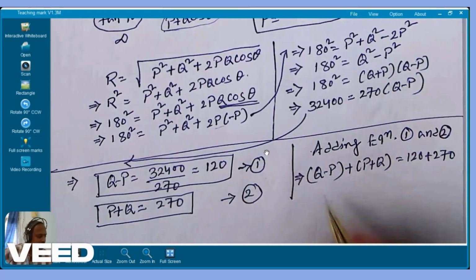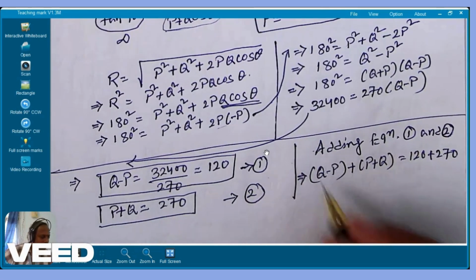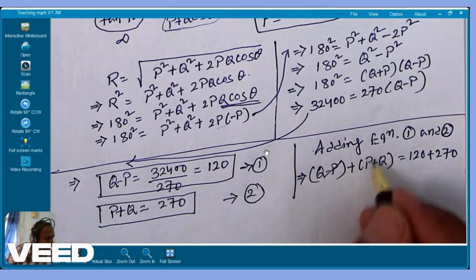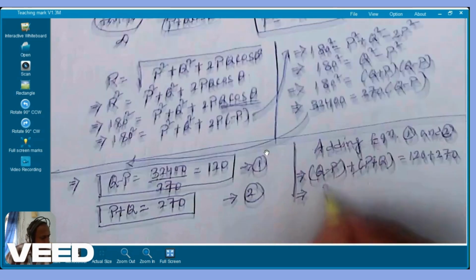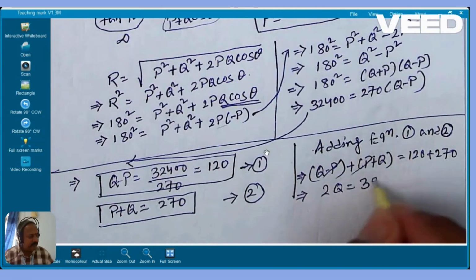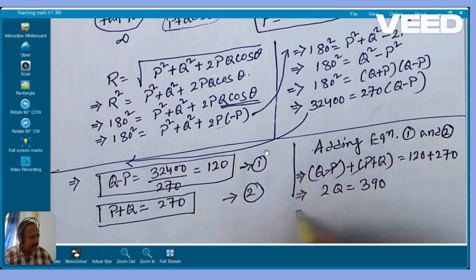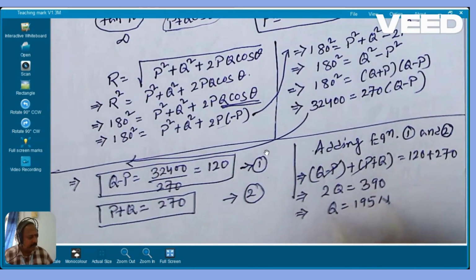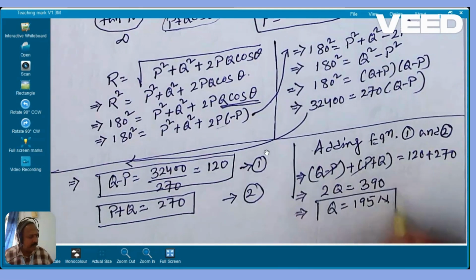From here you can see minus P and plus P get cancelled. So 2Q is equal to 390 and Q is equal to 195 Newton. So we got the value of Q.